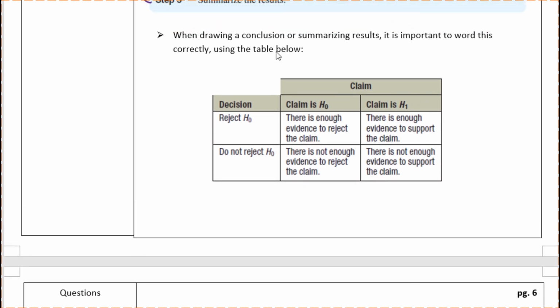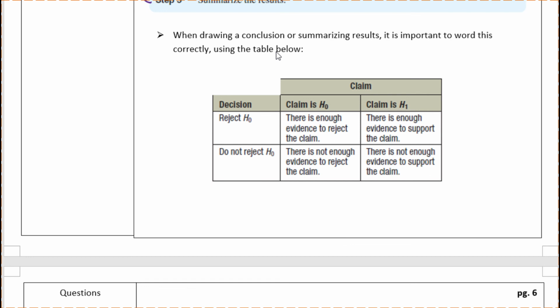So if we reject the H0, the null hypothesis, and the claim is the null hypothesis, then we will say that there is enough evidence to reject the claim, whatever the claim is. If the claim belongs to the alternative hypothesis, and we reject the null, that means that we're accepting the H1.